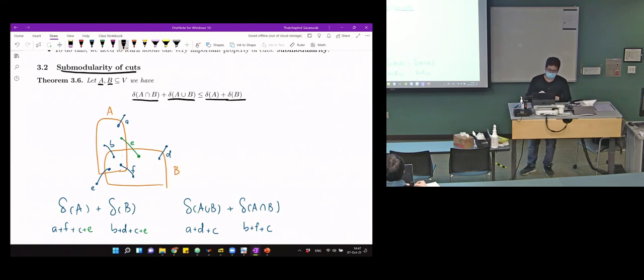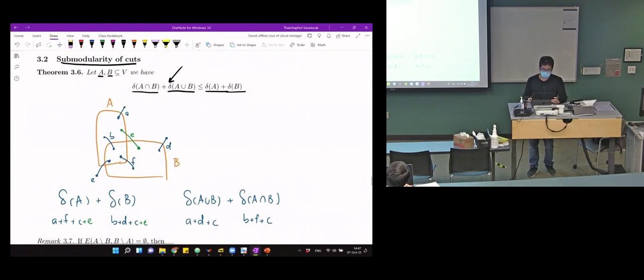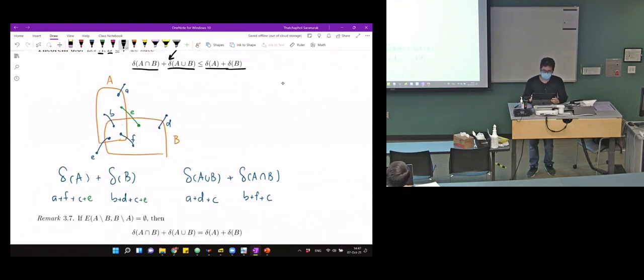And now this function is the cut size, and this cut function satisfies this thing. So we say that this cut function is submodular. And you can just verify it by drawing.